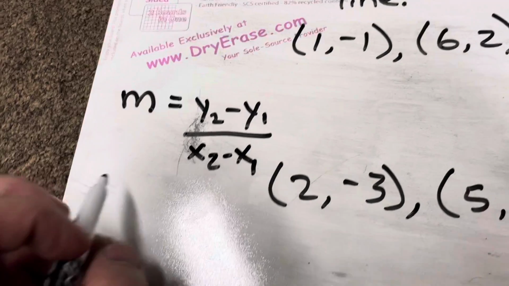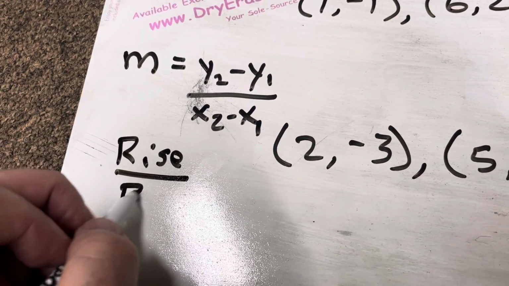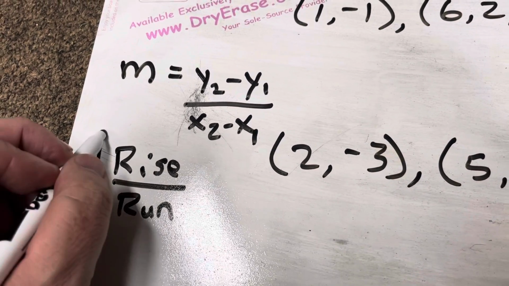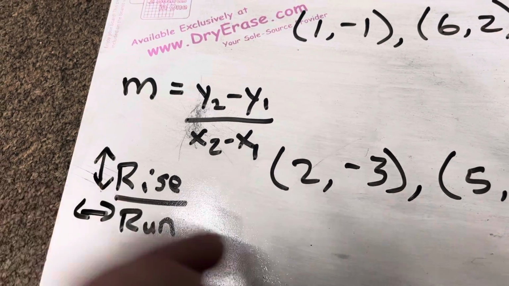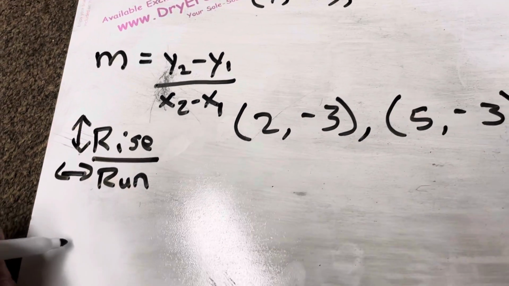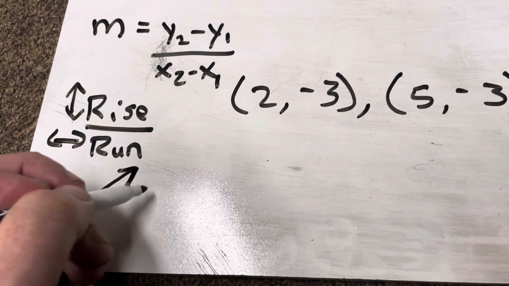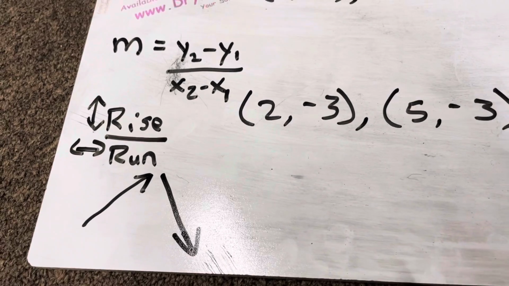Now remember, slope is like rise over run. Rise, talking about how far up and down. Run, talking about how far left and right to go. Remember, we have a positive slope that rises from left to right. Then we have a negative slope, which falls from left to right.